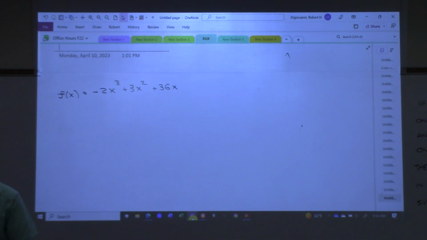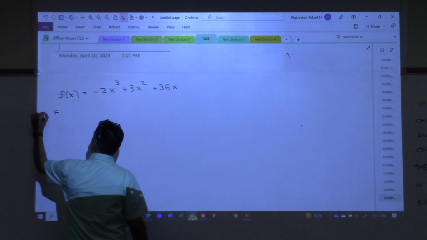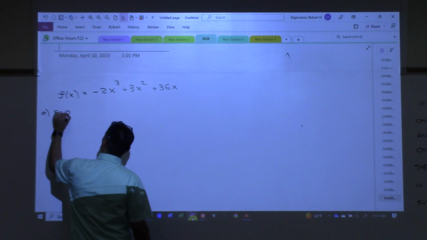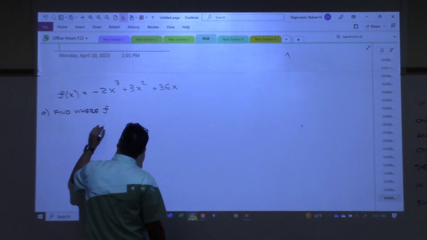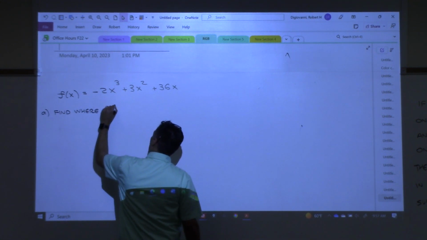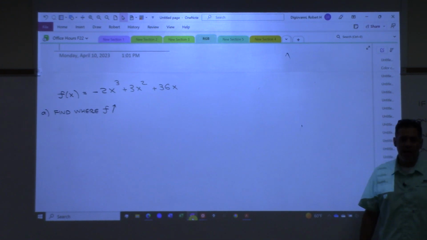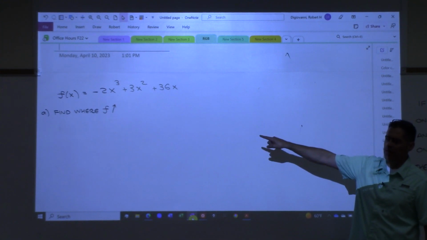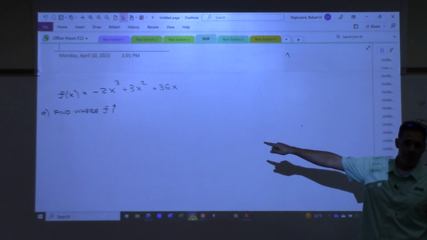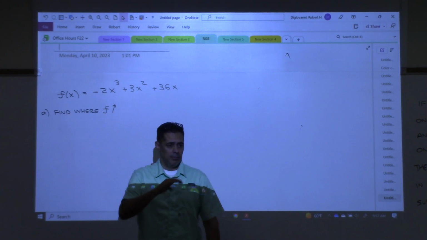And here's what I want from this, all right? I want you to find, part A, find where the function is increasing. I'm going to put an arrow next to it. What do you think I mean by that? I'm asking you to find where the function is doing what? Increasing. That means the function is increasing. Tell me where this graph is going up.